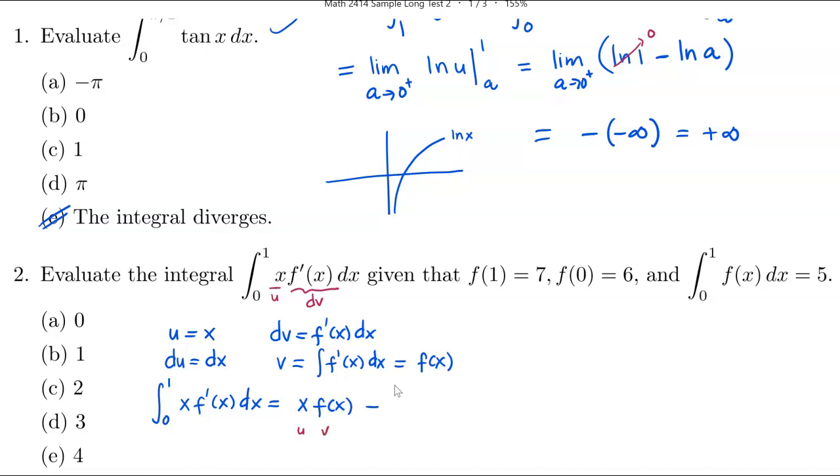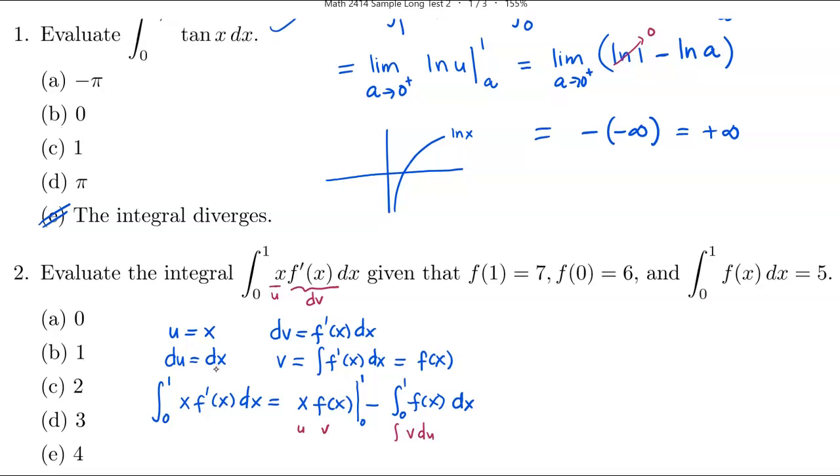Minus the integral of v du. So what is your v? Your v is f of x. And your du is just dx. And don't forget the limits of integration. So we would have to evaluate this from 0 to 1, and this integral is from 0 to 1.